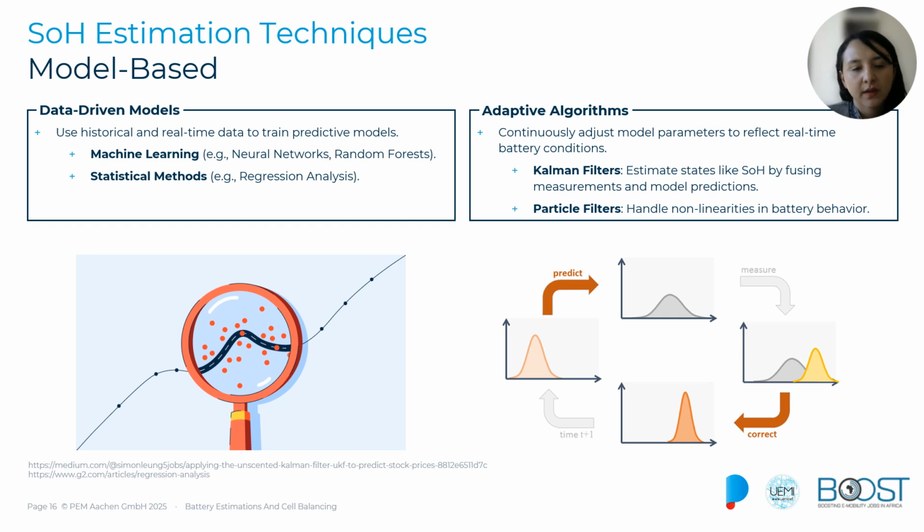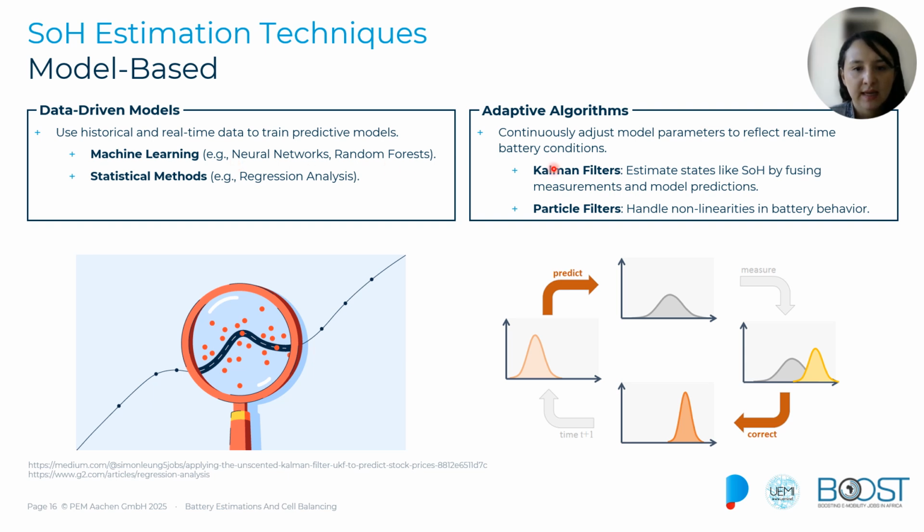And finally, there are the model-based techniques, and as I mentioned before, here we are trying to use the historical data and the real-time data to train predictive models based on machine learning and statistical models, to have very accurate values.